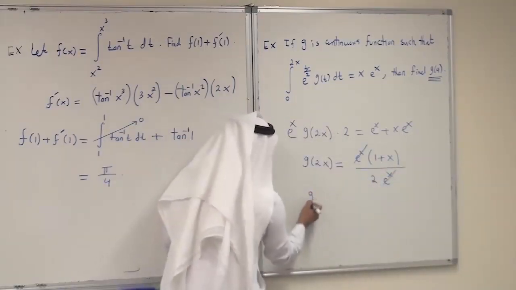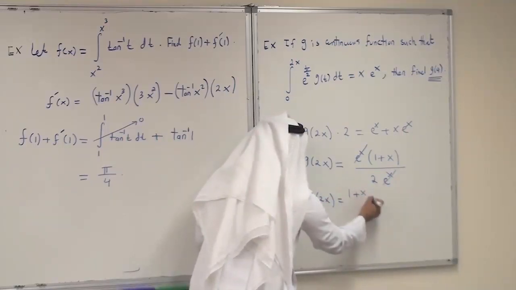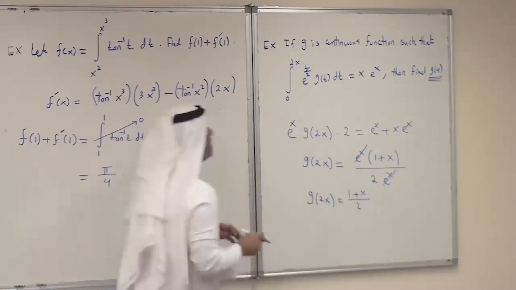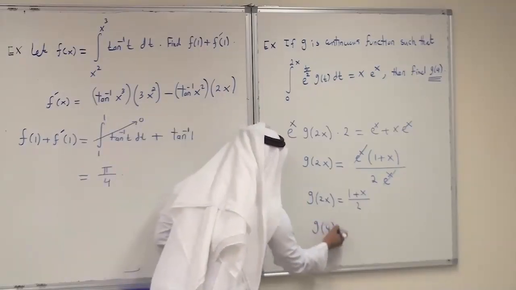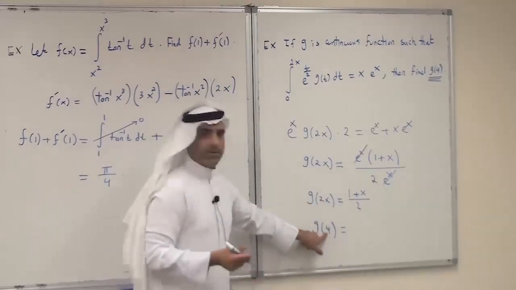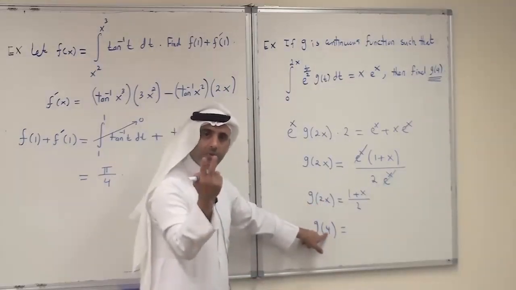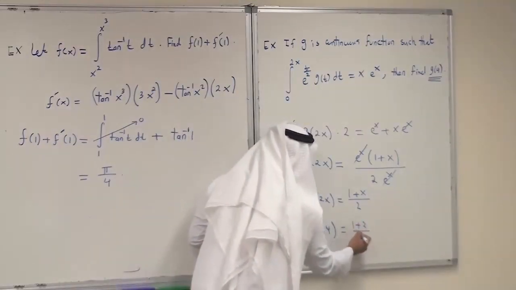So g of 2x will be equal to 1 plus x divided by 2. Now he said find g of 4. I have 2x equal to 4, so our x here is equal to 2. So the final answer will be 1 plus 2 divided by 2, which is 3 over 2.